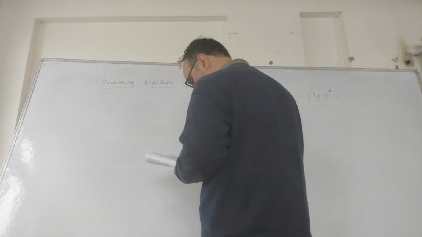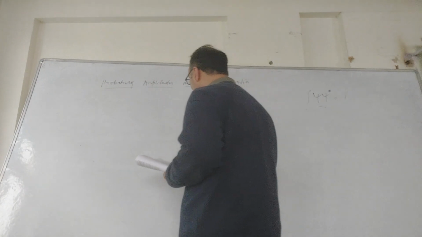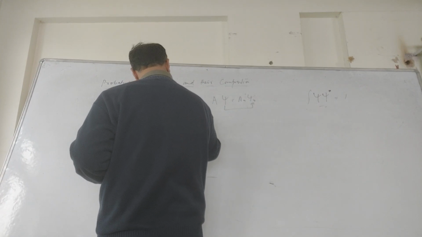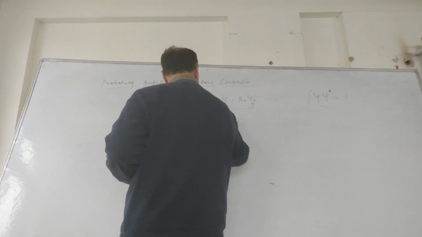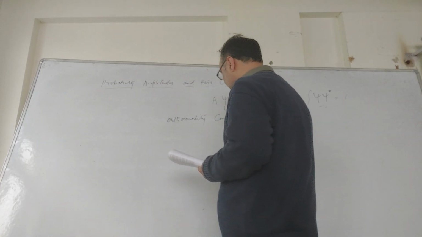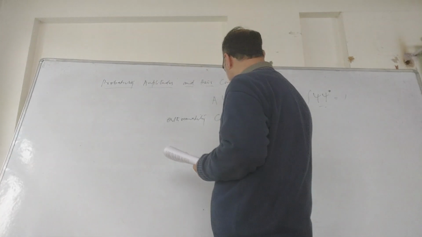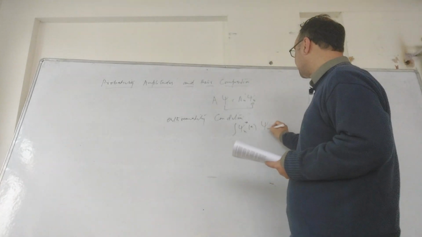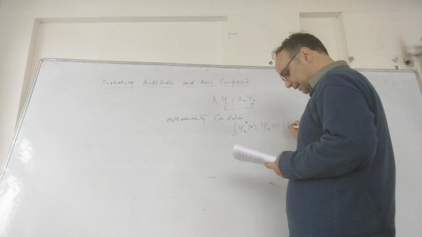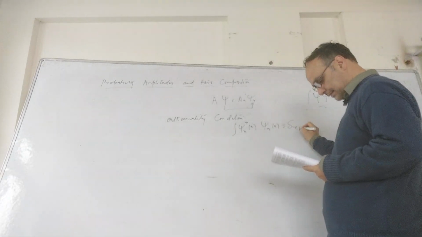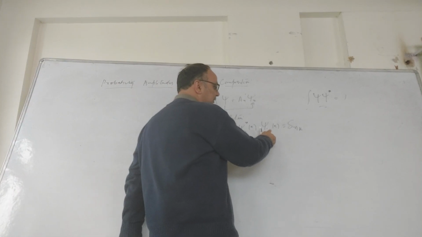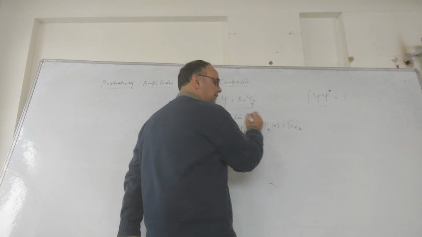Before we have that discussion, the representation, if we want to satisfy it in terms of the orthonormality condition, is psi n star of x, psi k of x, integrated, is equal to delta n k.